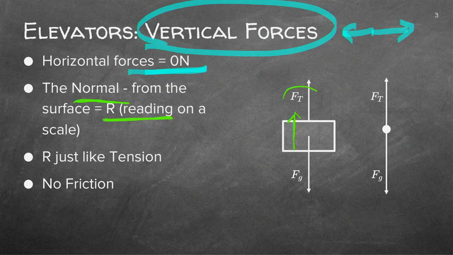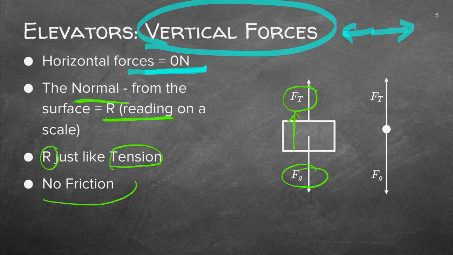So I've got an upward tension, I've got a downward gravity. You'll see we usually call this the reading, but you can maintain T for tension, that's fine. In this case, the pulleys and everything won't have any friction, so there are no other forces. Tension to the top or the reading on the scale, and gravity pulling downwards.